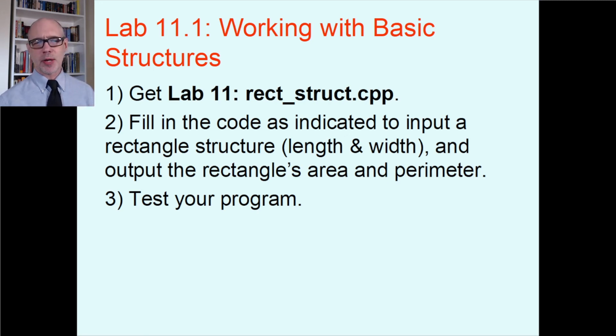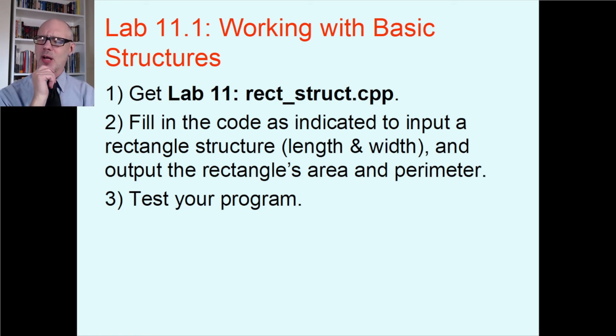That's actually very common in programming, particularly if you're doing graphics programming with windows and menus and things on the screen. You need to set that up and position it properly. So a structure called rect, usually for short, is actually very, very common. We will make a structure like that, and we'll use it to get input from the user about the rectangle's length and width, and then we'll output the rectangle's area and perimeter.